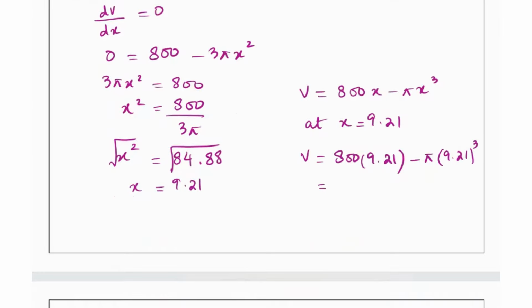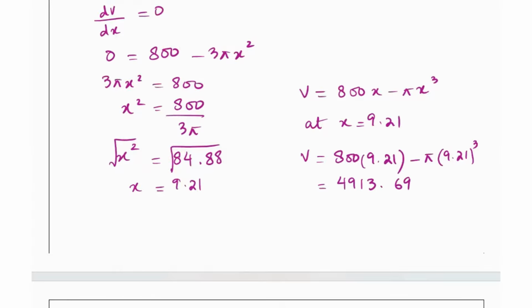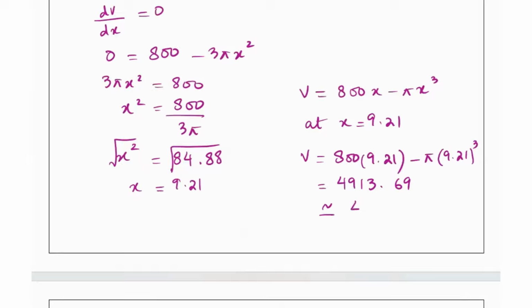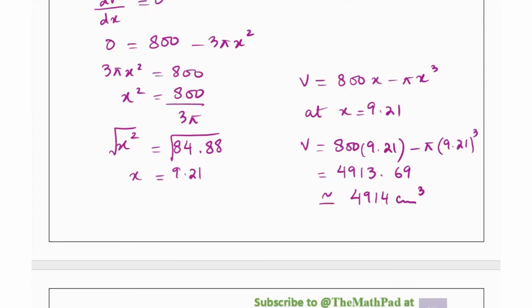That is going to give us 4,913.69. They want the answer correct to the nearest whole number, so that's going to be 4,914 centimeter cube. That is the maximum value of V. So that is your final answer.